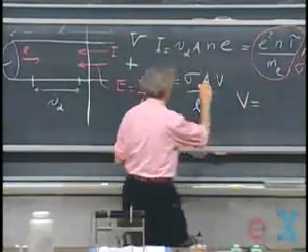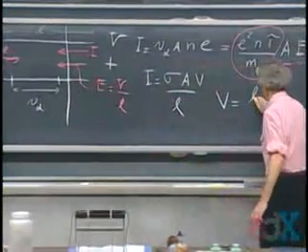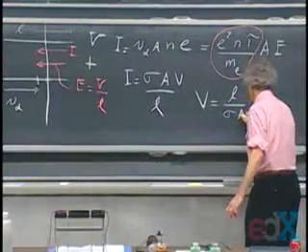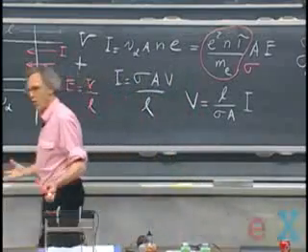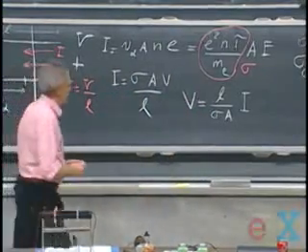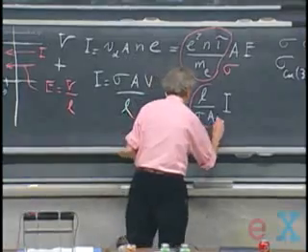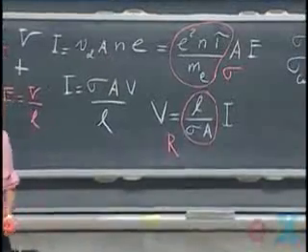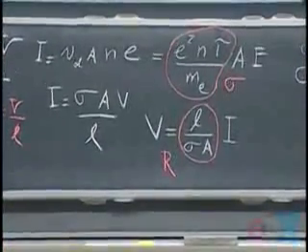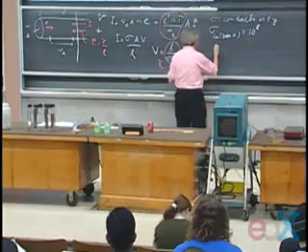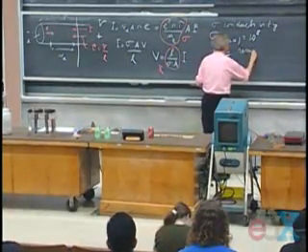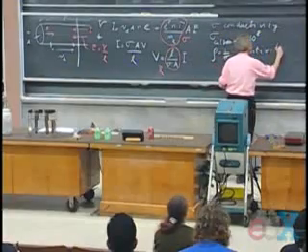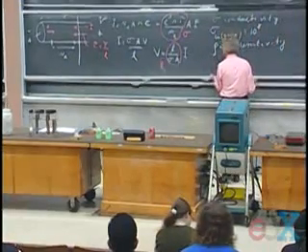I can say V therefore equals L divided by sigma A times I. And now you're staring at Ohm's law, whether you like it or not, because this is what we call the resistance, capital R. We often write rho for 1 over sigma, and rho is called the resistivity. So either one will do.